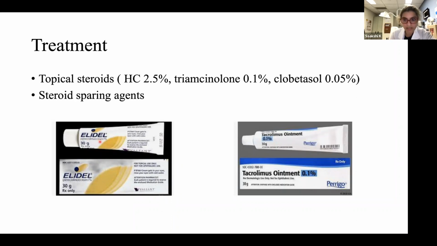And Elidel or Protopic are the 2 that have been around historically, safe to use for as long, because there's no side effect of systemic absorption either. It's not going to thin the skin. And the only caveat that I tell my patients is that it might sting a little when you first start using it. And that's nothing to be concerned about. So again, Elidel or tacrolimus, which is Protopic.